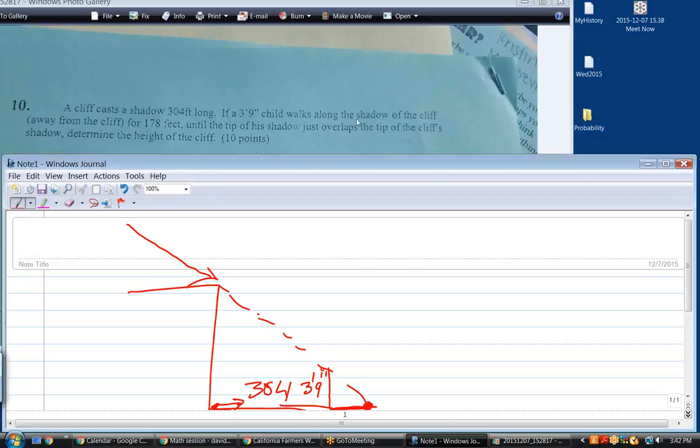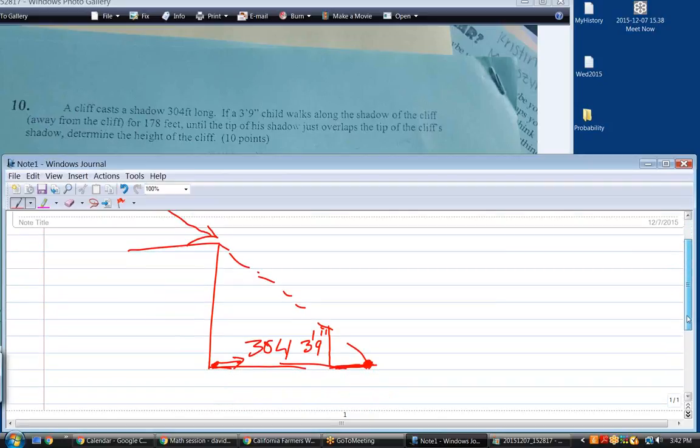This is 178. In other words, he walks along that shadow for 178 feet. And we want to figure out x.